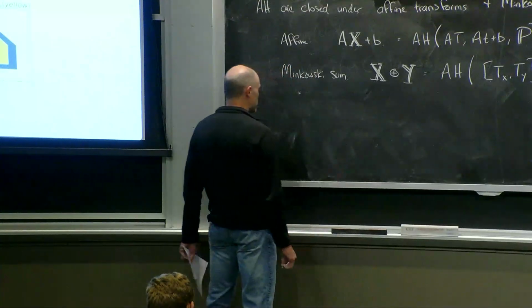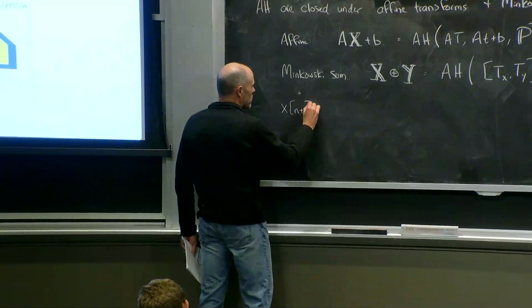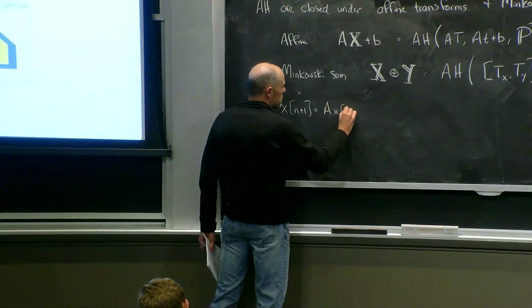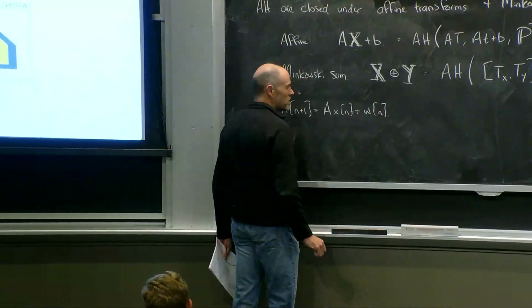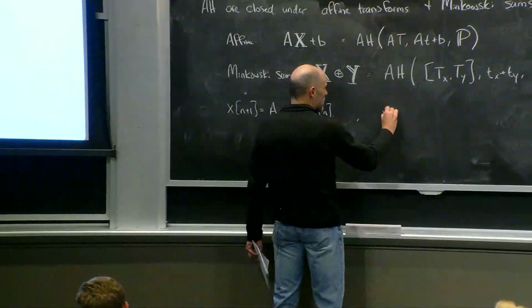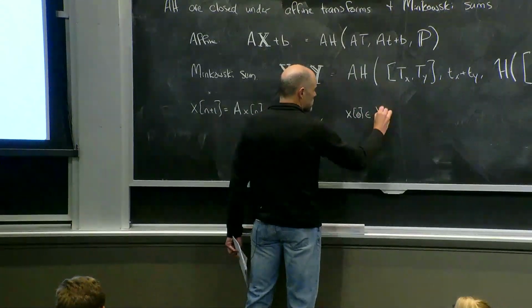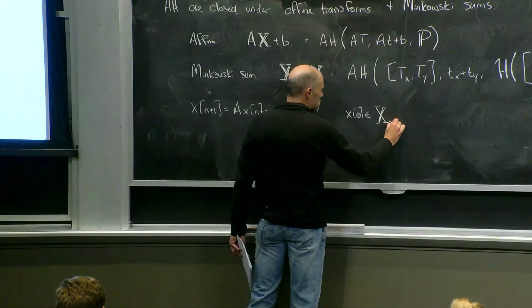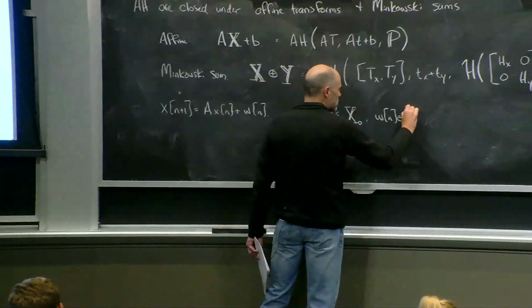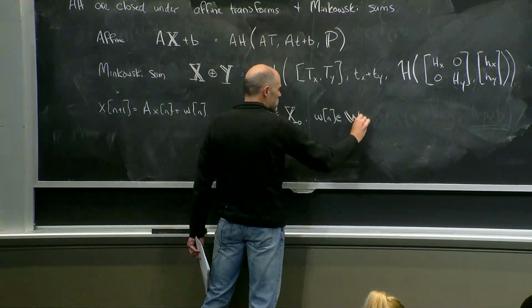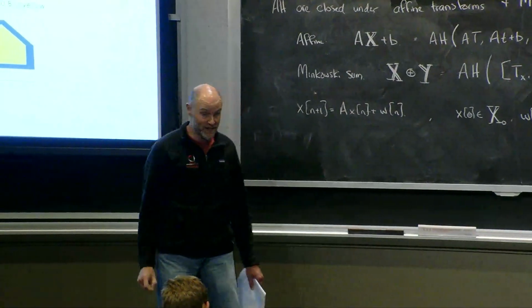Here's the punchline. The linear dynamics I wrote up there, x_{n+1} = A x_n + w_n. Let's say I start with x_0 as an element of some set X_0, and w_n is an element of some set W, and they're both represented as AH polytopes.